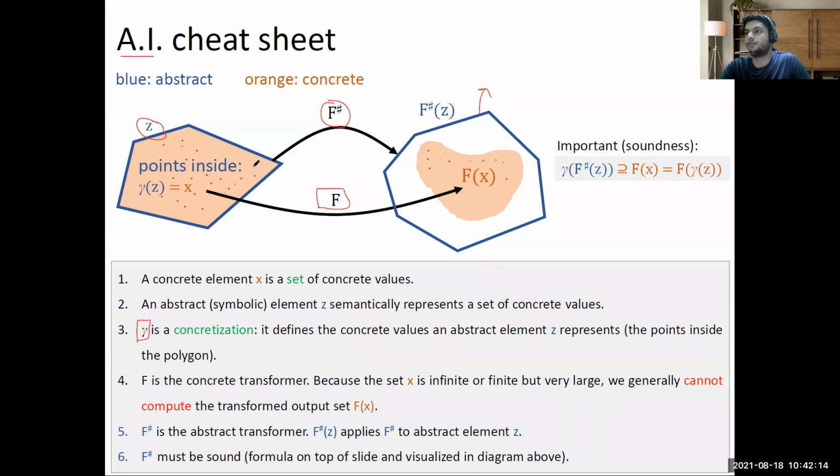If you remember, in the first or second session, we discussed the number of adversaries that we can perform, which leads to a very large state space, data space. That is not easy to work upon. So that's why we move towards abstraction, and we define F sharp as the abstract transformer. So this is the idea of what abstraction, the abstract transformer, and concretization are.